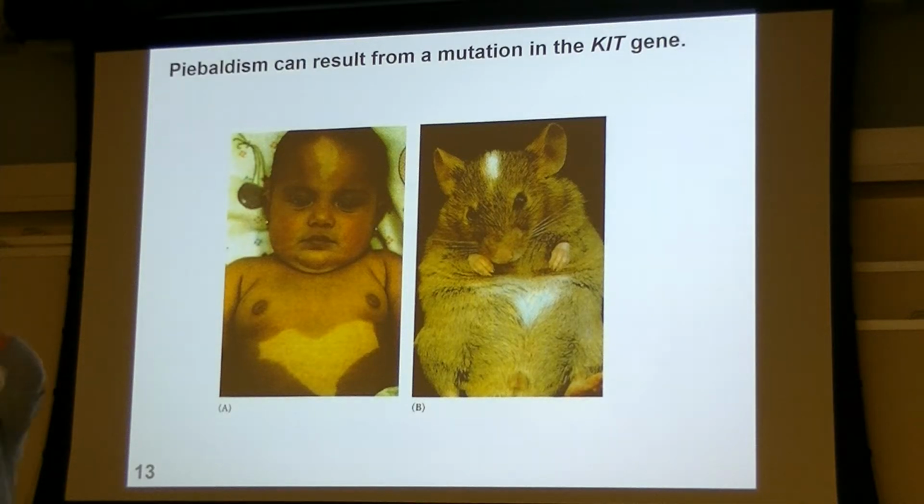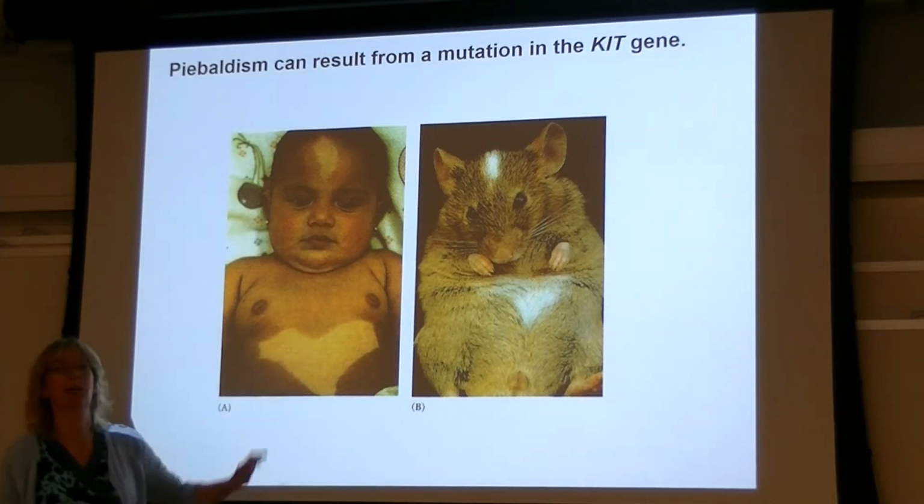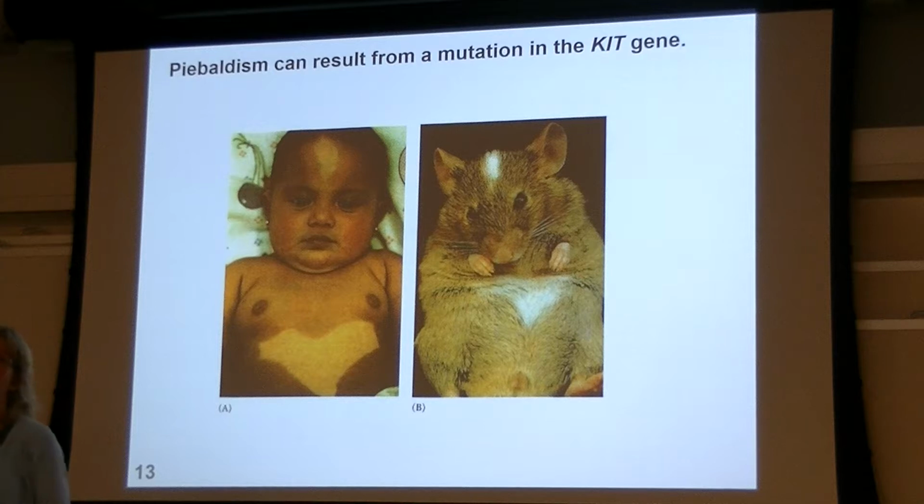So if you think about melanoblasts starting out on a dorsal side of an embryo and they have to migrate all the way around to the ventral side, there may be a little patch of the embryo where those cells never quite make it. So just that patch then lacks the melanoblasts and is pale in color.